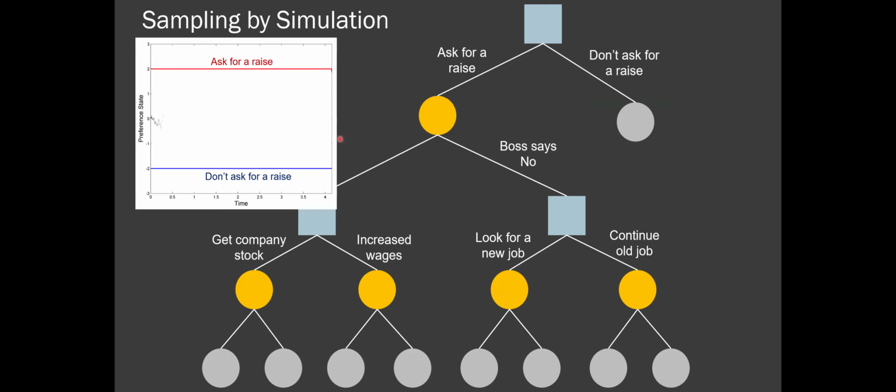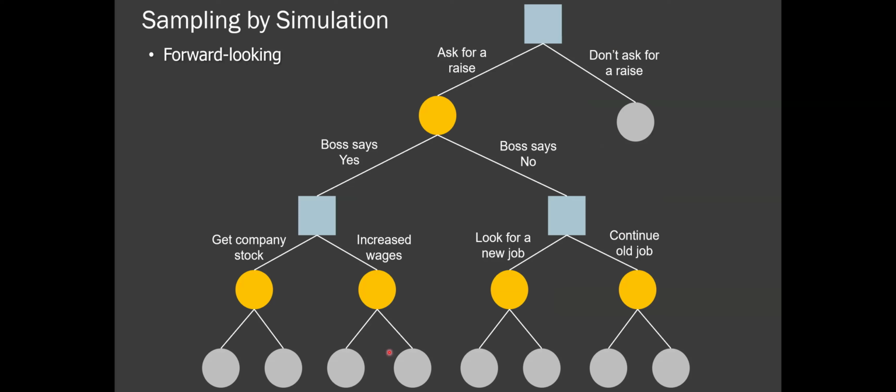So we imagine that you're deliberating, tracing different paths through the tree according to your subjective understanding of their likelihood. Your preference state is evolving in this noisy fashion until eventually you hit one of these decision thresholds, and you decide, in this case, to ask for a raise. Unlike backward induction, the story we're telling here is entirely forward-working.